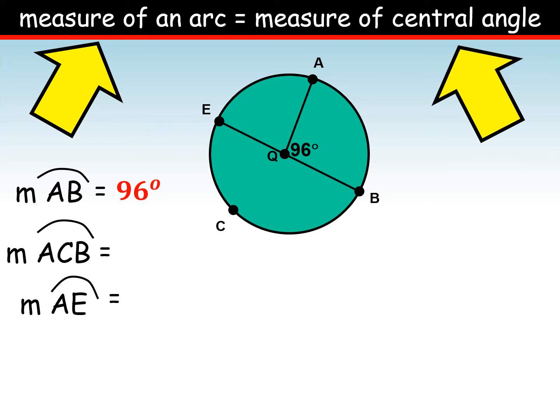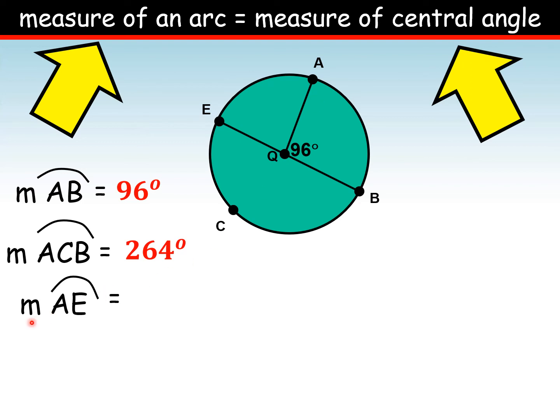Measure arc ACB is equal to 264 degrees. Why? Because ACB is here. So what did we do? We subtract 96 from 360 degrees because we all know that one full turn is equal to 360 degrees.